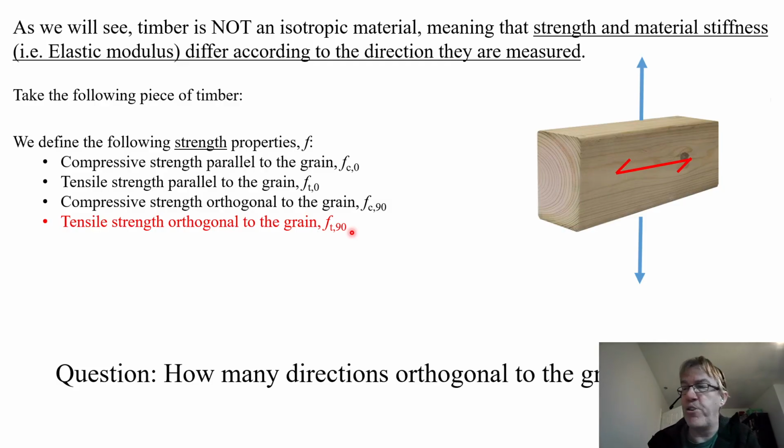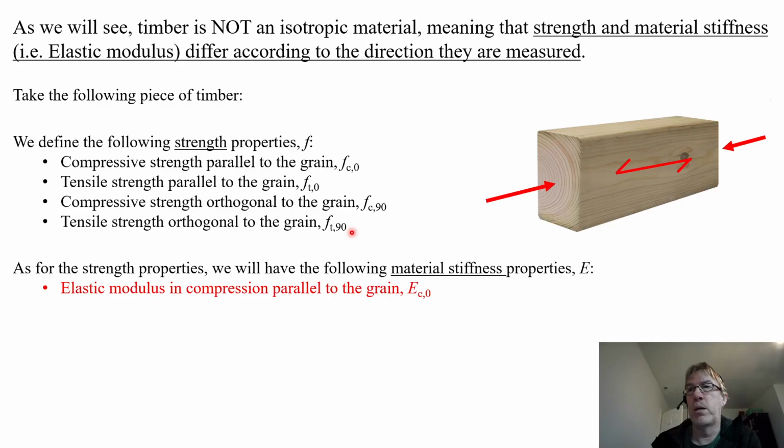Right, have you got your answer in your head? Well, actually, it's infinity. Every direction, timber is timber. Timber is a natural material and it's not going to behave in a uniform manner.